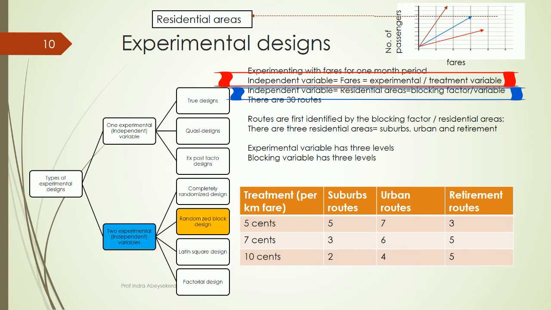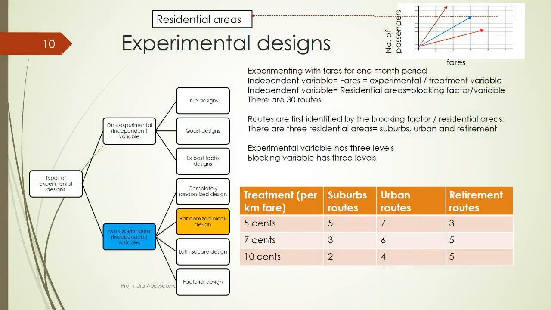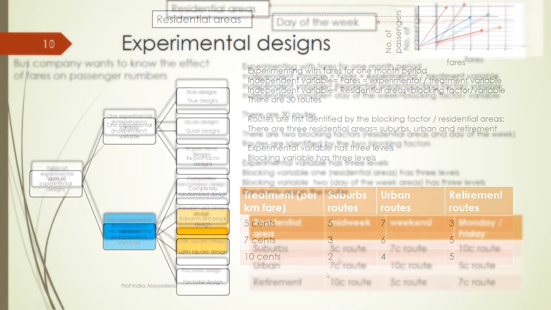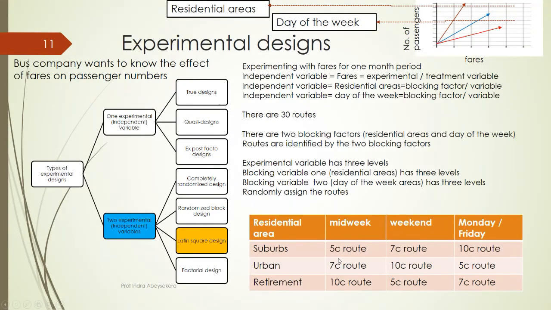So we block that factor. The way that we block that factor is we allocate the fares to this blocking factor and then look at the number of passengers by blocking factors.